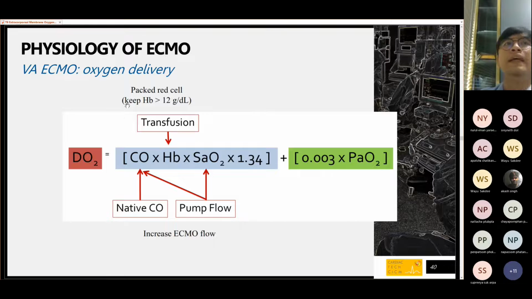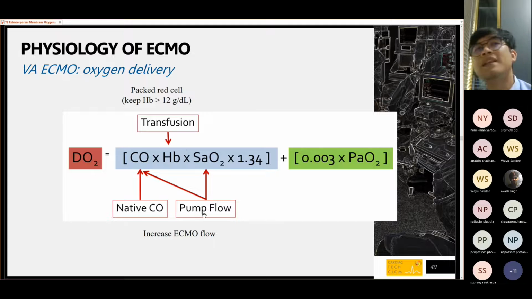Another factor is hemoglobin. If you give a transfusion or maintain hemoglobin or hematocrit at an appropriate level, it helps maintain oxygen delivery.